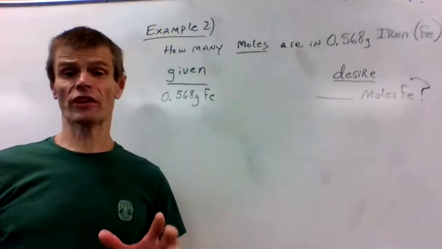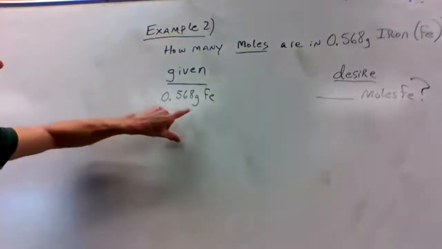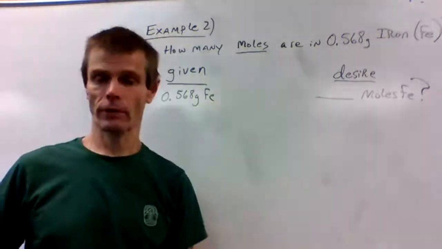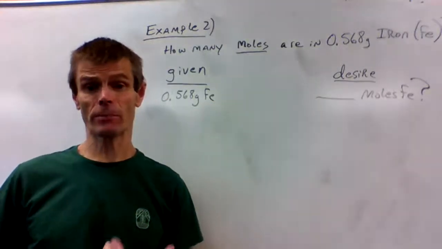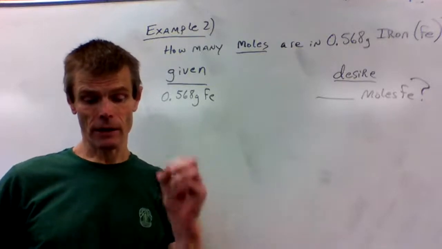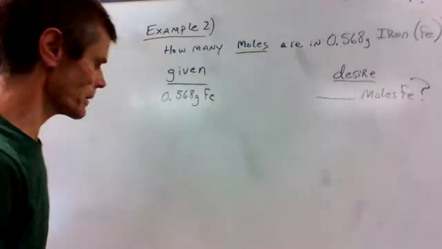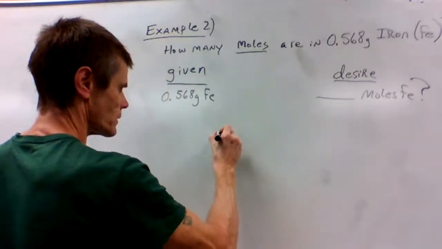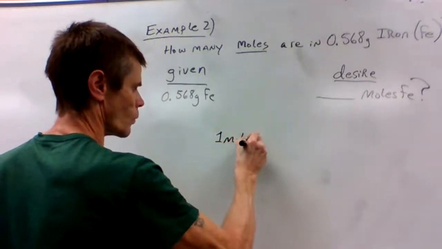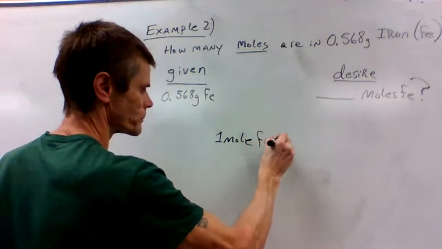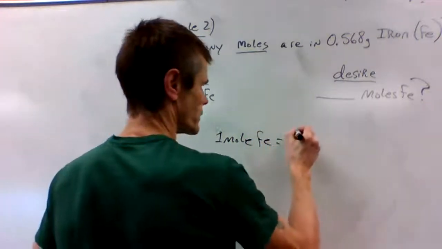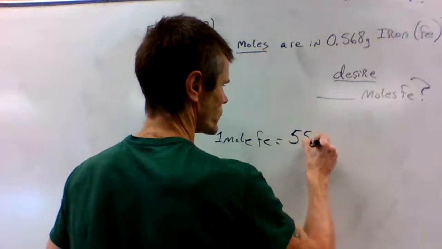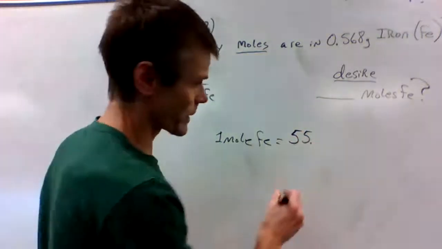What are we going to use as a conversion factor? How do we convert units? How do we go from grams to moles? In this case, we need to turn to the periodic table once again. Let's look up the periodic table, and what we would see for iron, for Fe, 1 mole of iron has a mass of 55.85 grams.